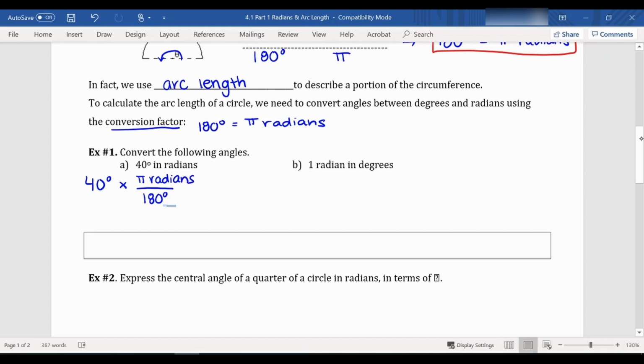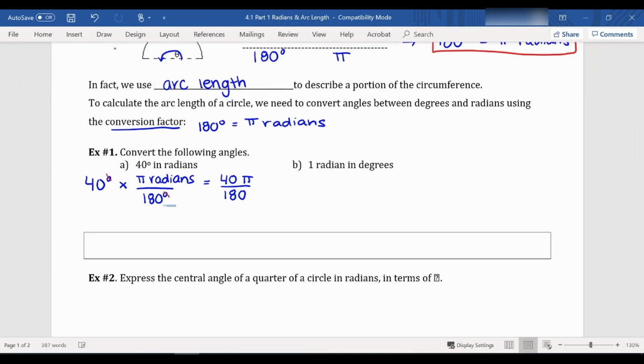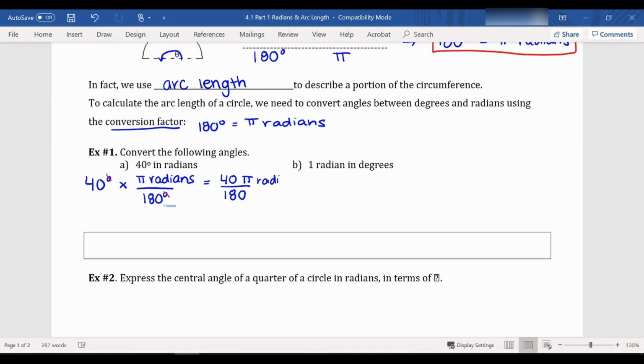Then when I multiply this, I get 40 pi on the top and 180 on the bottom. Now, the units of degrees cancel out, which means my units now on the top would be radians. And I can simplify this fraction to be 4 pi over 18 if I divide them both by 10, which then also would give me 2 pi over 9 radians if I divide both those by 2.